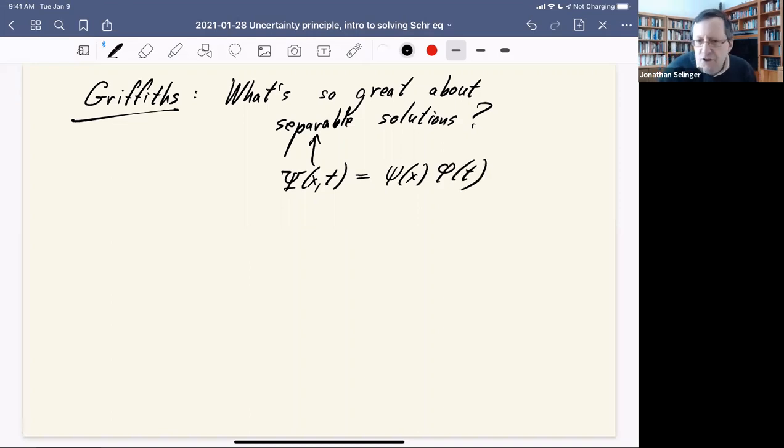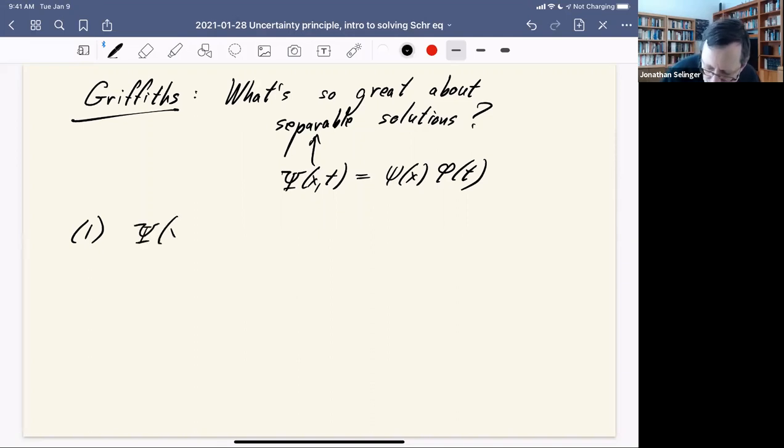So I told you before, these are special solutions. Typical generic solutions are not like this, but these are some special solutions which are really great. So what's so great about them? Great thing number one.